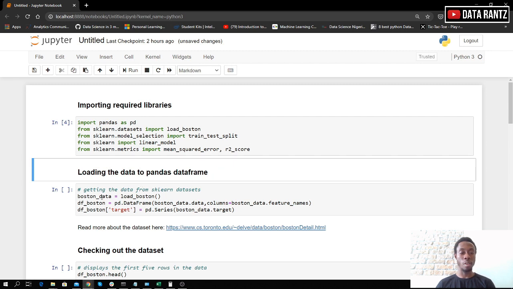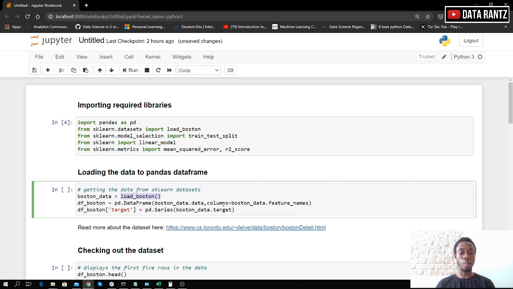And then the next thing that we're going to do is load the dataset into a Pandas data frame. Because we've already imported it from Scikit-learn datasets, we are just going to call it here into Boston dataset, and that's what I've done. Then, taking the data and the columns from this dataset, the feature names of that dataset are the columns.